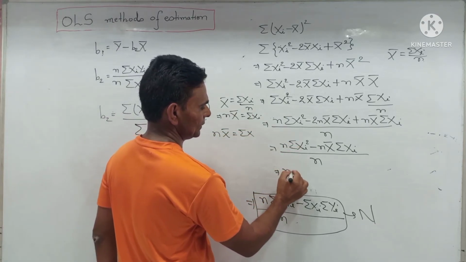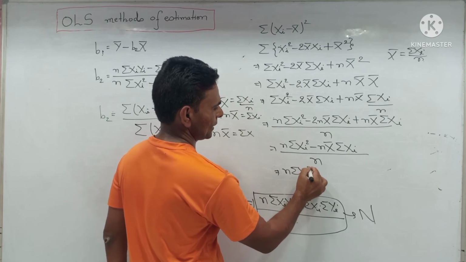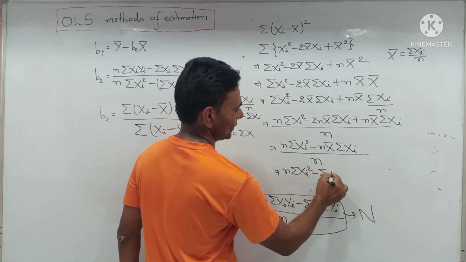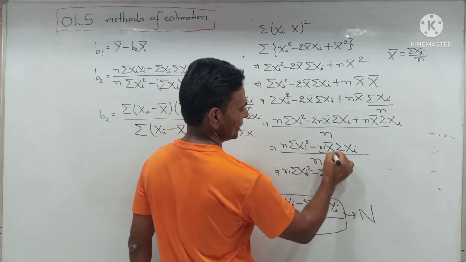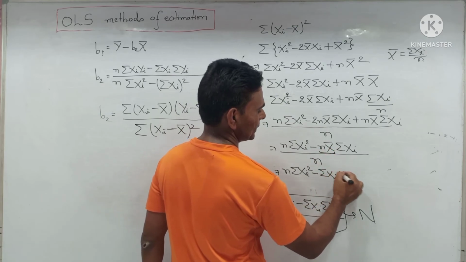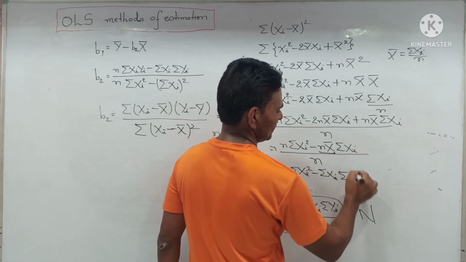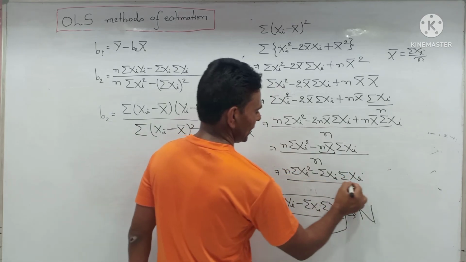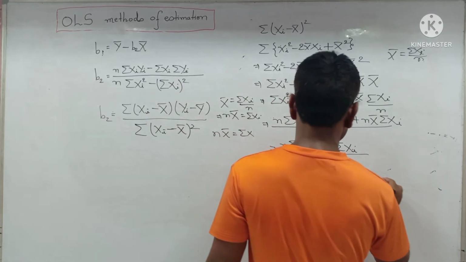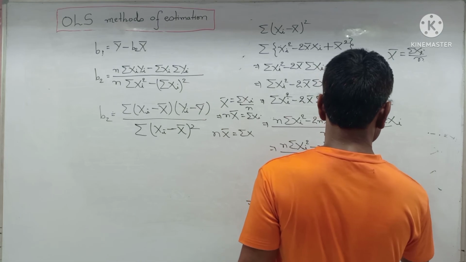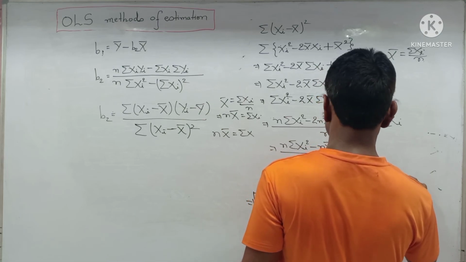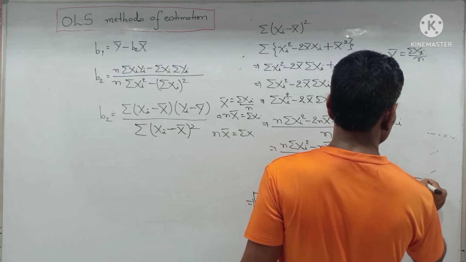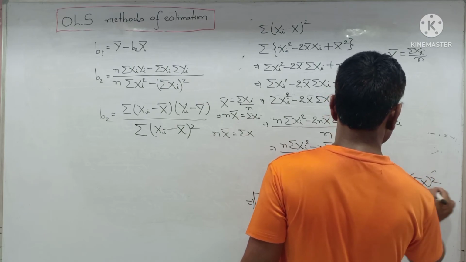Now n summation of xi square minus summation of xi, again this term becomes summation of xi, and again multiplying this term summation of xi by n, it can finally be written summation of xi square minus summation of x whole square by n.